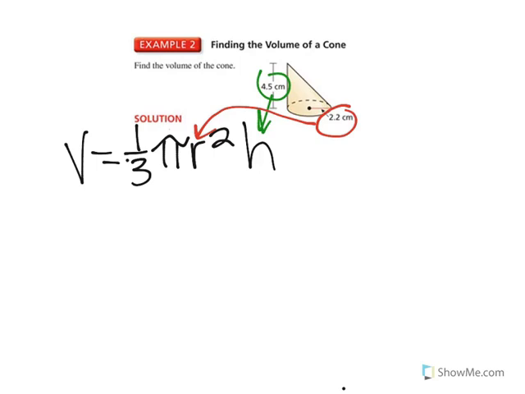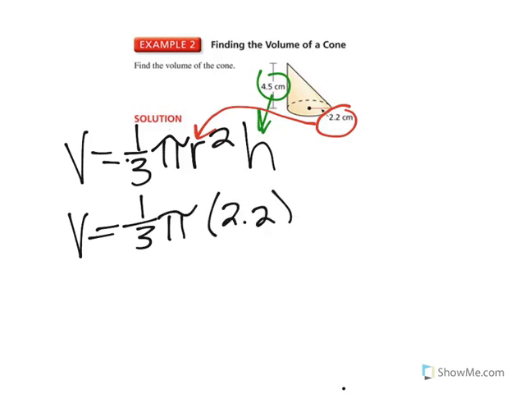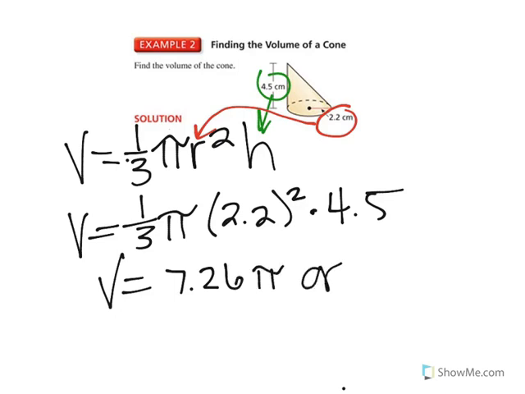So volume is equal to 1/3 pi times the radius, 2.2 squared, times the height of our cone, 4.5. If you plug all of that in, you should get 7.26 pi, or if you actually multiply by pi, it's about 22.81 centimeters. And then remember, it's volume, so it has to be cubed.